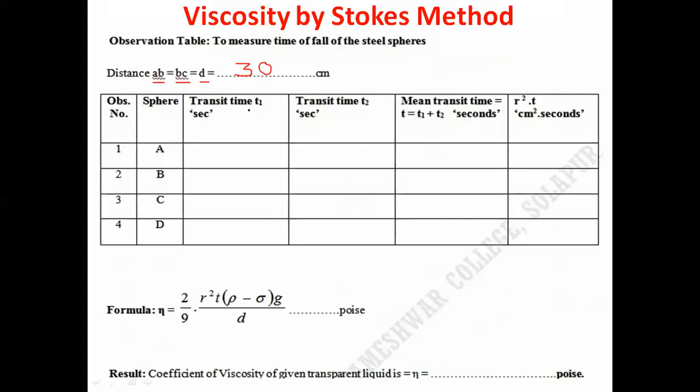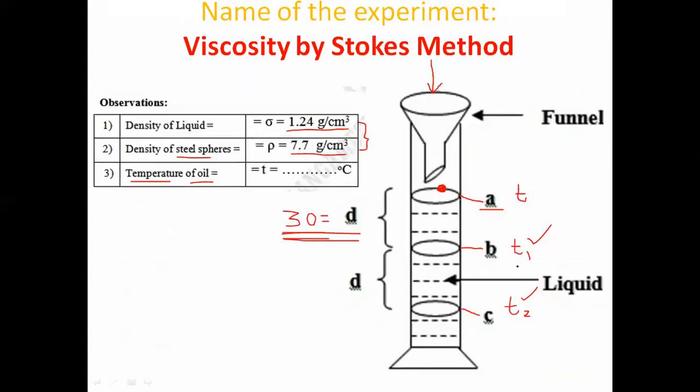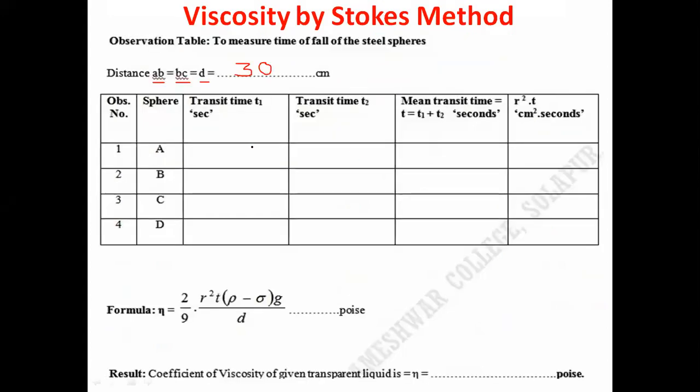So here transit time t1, as shown in this diagram, you have to observe this t1, then t2, then write the value of t1 for A and t2 for A. Then mean transit time, that is T is equal to T1 plus T2 upon 2.